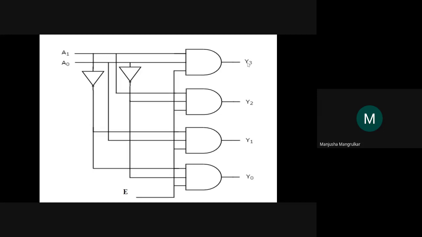So our aim in the decoder is that whichever input is selected, that output will be 1, and all the rest of the outputs will be 0. Only one output, either Y0, Y1, Y2 or Y3, will be 1 at the same time. Rest all are 0, right?